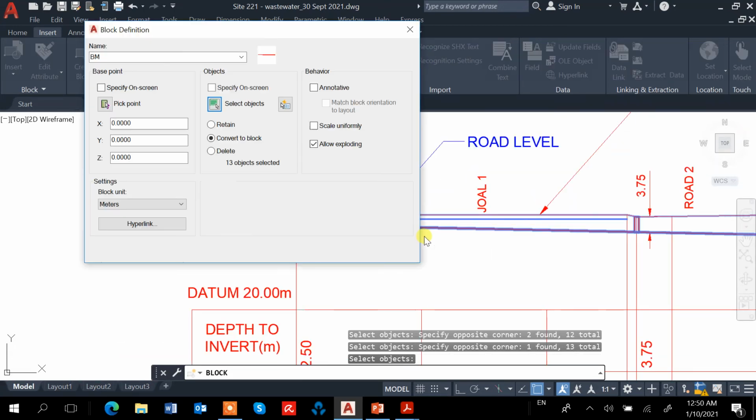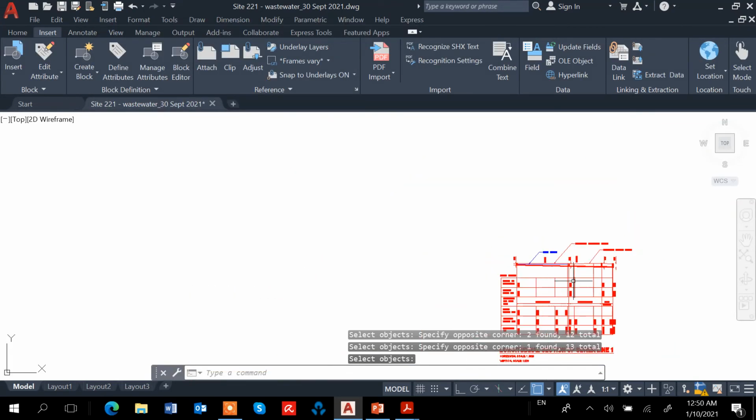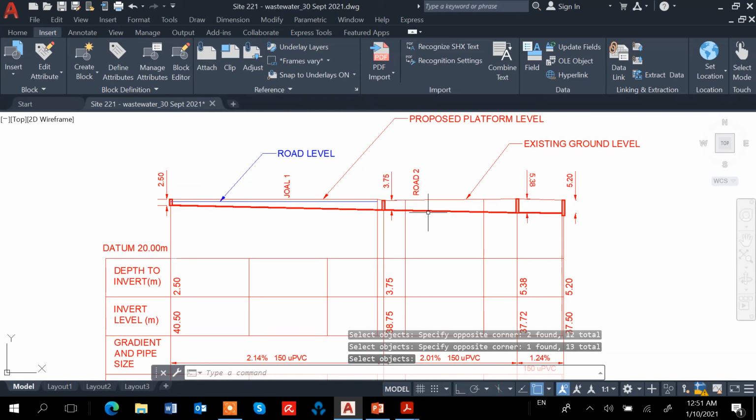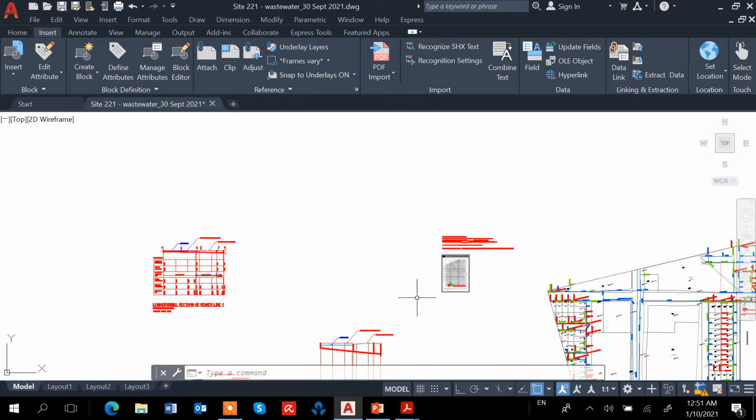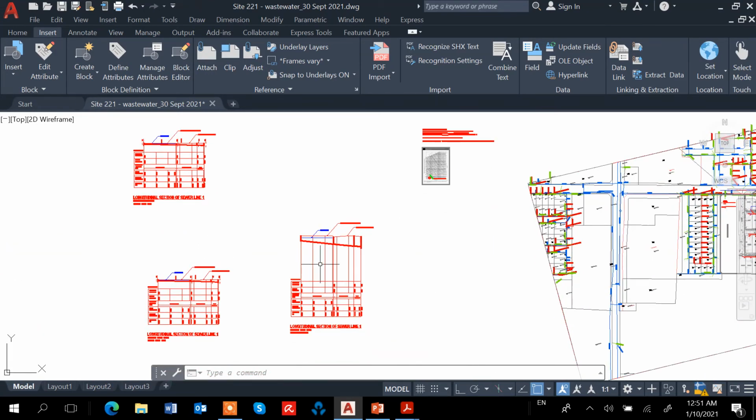And enter and convert to block. Yes, so everything is in one block now. Yeah, that's correct. Everything in one block.